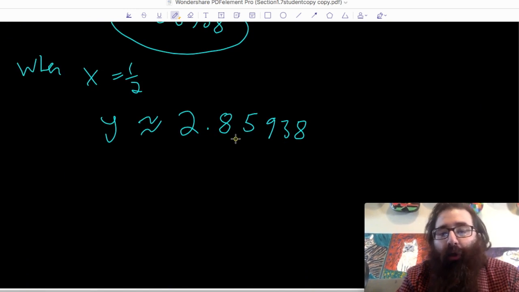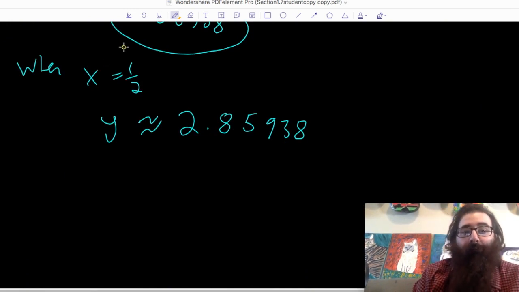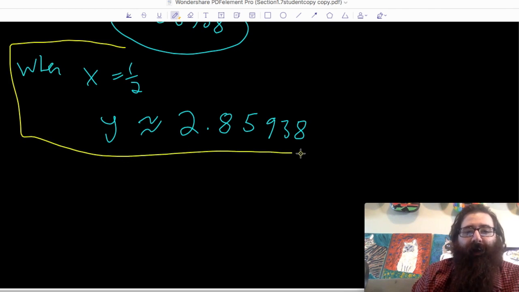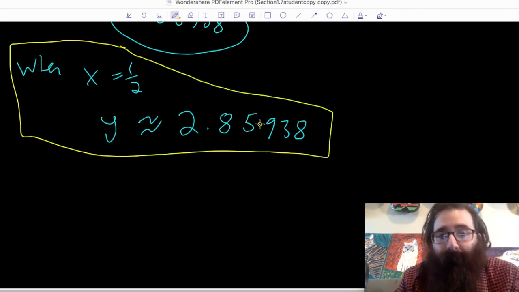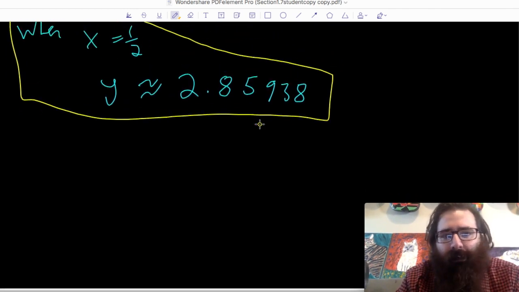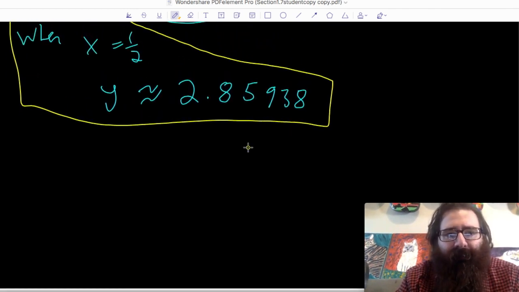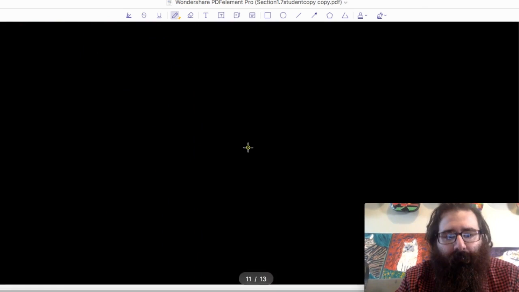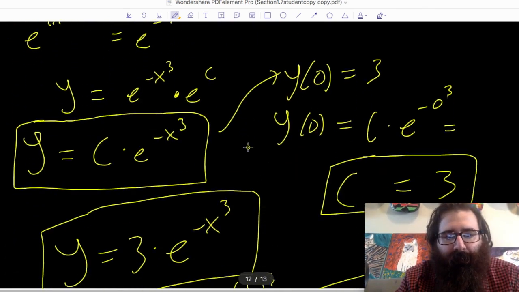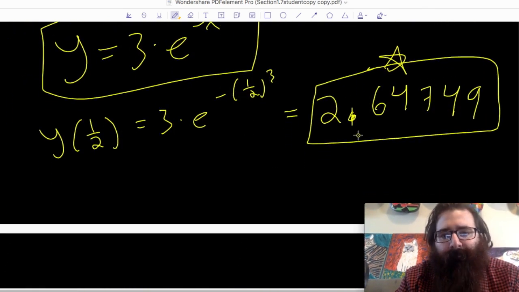Is it perfect? No. Do I expect it to be perfect? No. Euler's method is not a perfect approximation. It's an approximate approximation. And there's actually even other methods that are stronger than Euler's method. But we're not going to talk about those this semester. But so we see here, we get this approximation reasonably close.